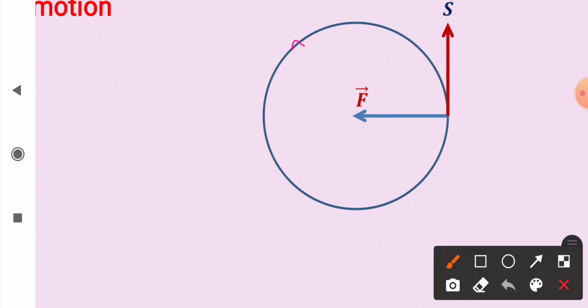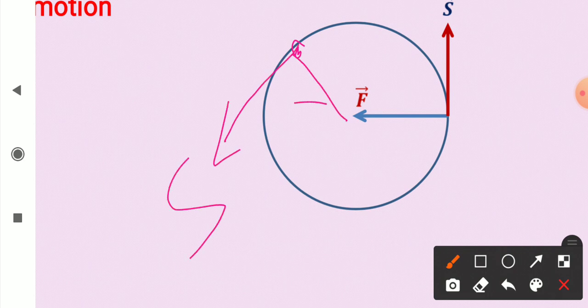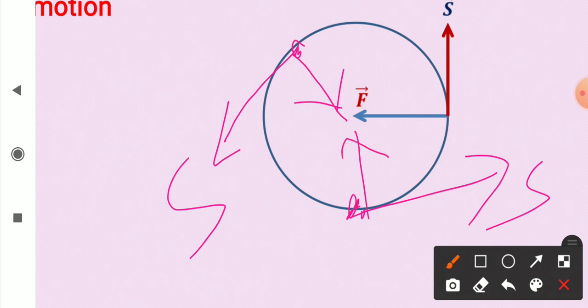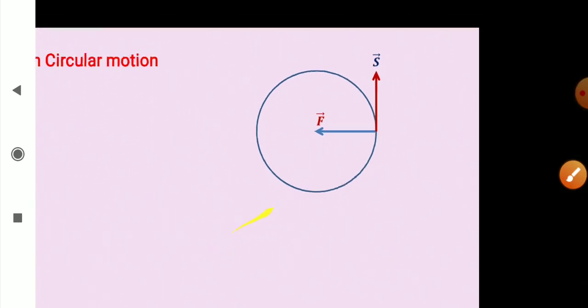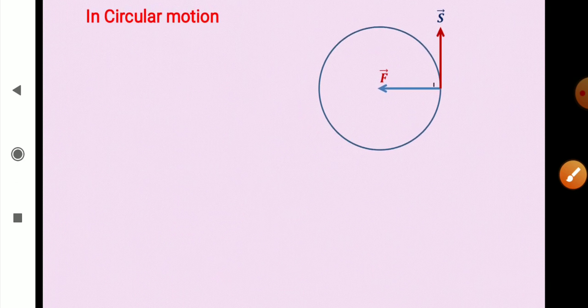If the particle lies here, the displacement will be along this direction, force will be towards the center. If the particle is at this position, displacement will be along the tangent, force towards the center. So in every position, the angle between force and displacement is 90 degrees. So the work done by centripetal force is 0.